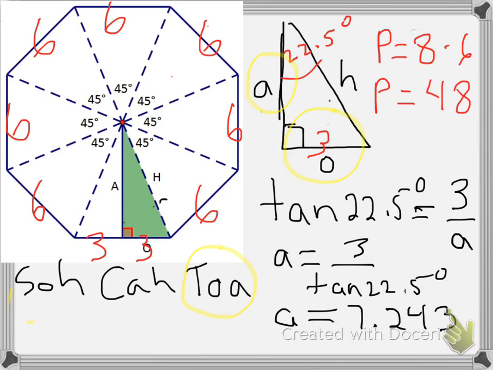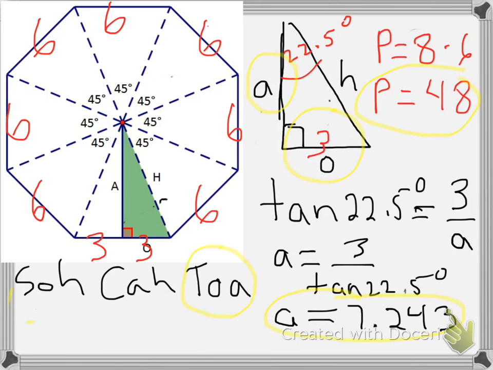There's the apothem. Okay? So now I got to erase some of this. I've got the perimeter. I've got the apothem. So I can use the formula A equals half AP. So that's what I'm going to do, but I'm going to erase a whole bunch of this.